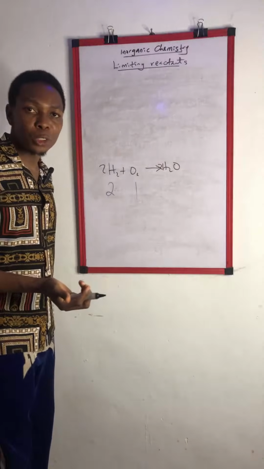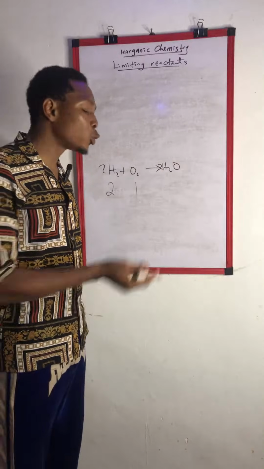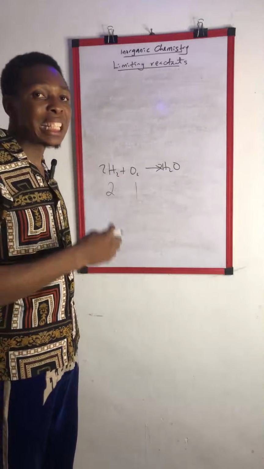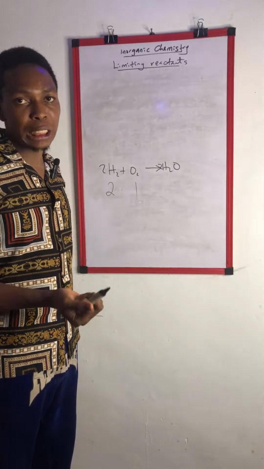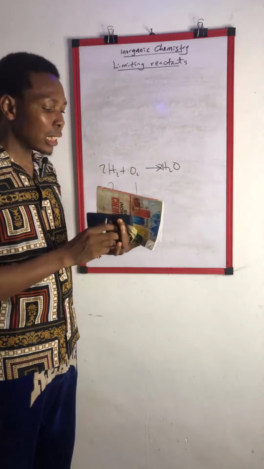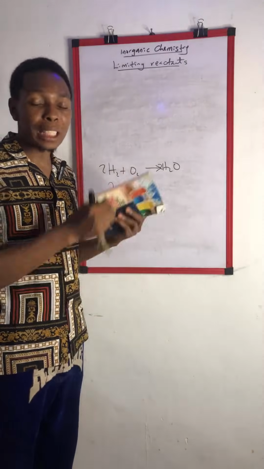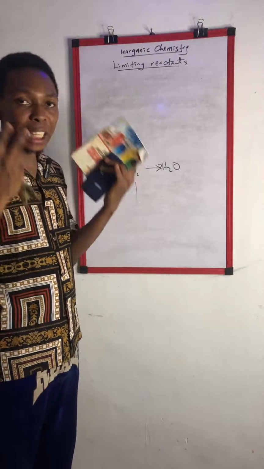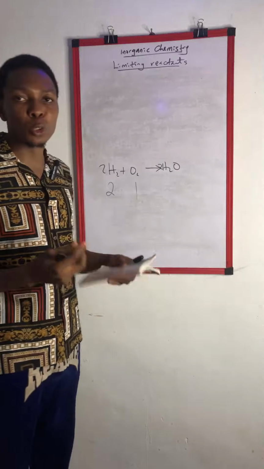No, it's wrong. You don't do that. You must do some computation to know which of them is the limiting reagent. We are going to be taking a question on that, since I've already taught you mass relationships in chemical reactions. Using that same knowledge, you'll be able to solve this one.